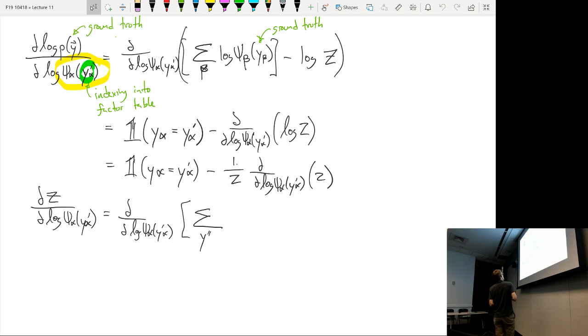For all of the possible assignments to all the y variables, we're summing over those, and for each one, we multiply together all of the factors. In this case, not alpha, but we'll use that index beta. For each one, we'll have some psi beta of y double prime beta.